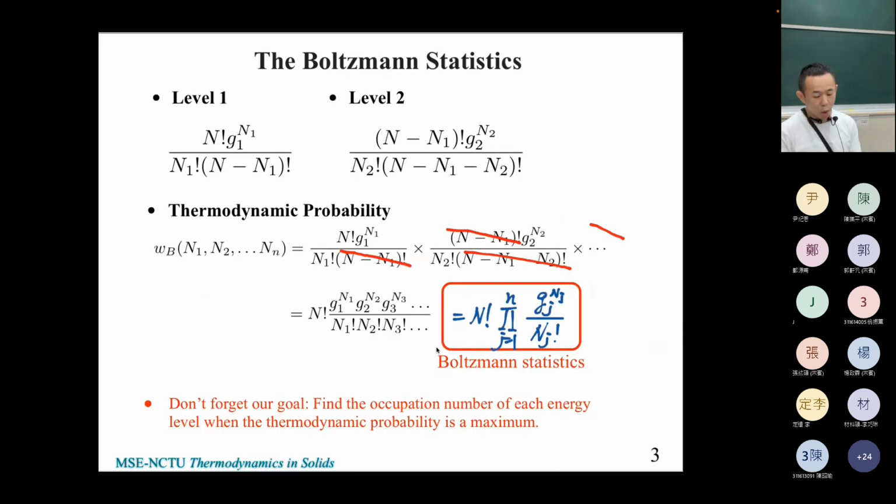So that's called W_B, the Boltzmann statistics thermodynamic probability. Now, this is all the possibilities, all the permutations, all the thermodynamic probability: how many ways, rather than true probability.